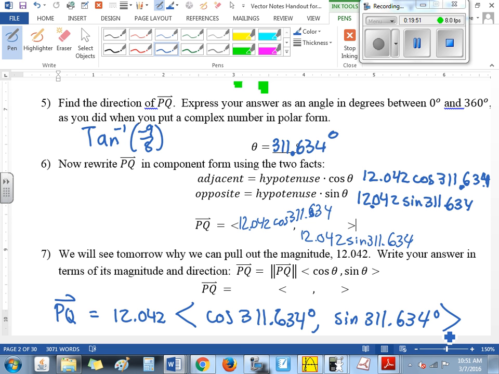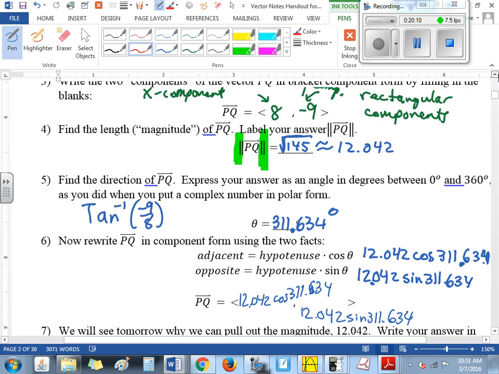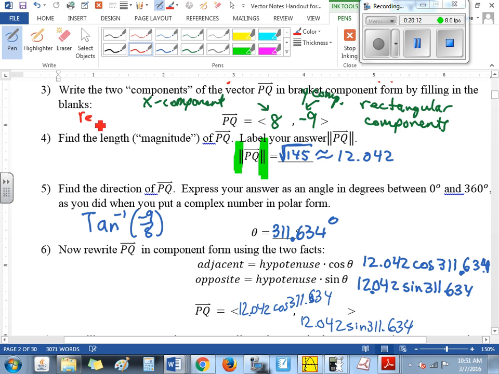So let's title some things real quick. If I had to give this a name, I would call this polar component form. And then up above, that 8, negative 9, I would call this rectangular component form.